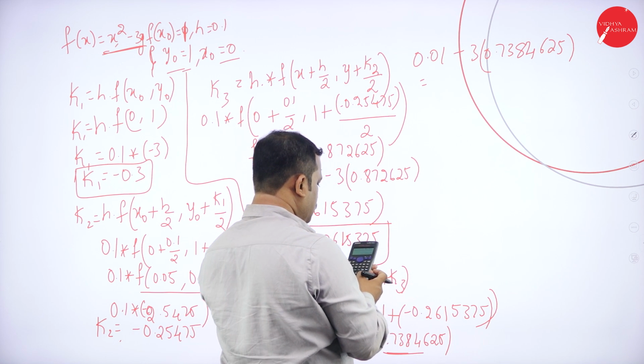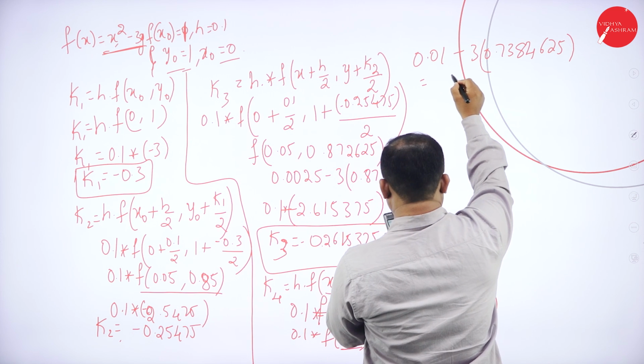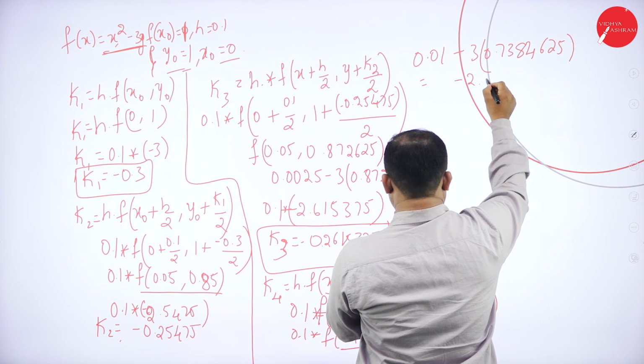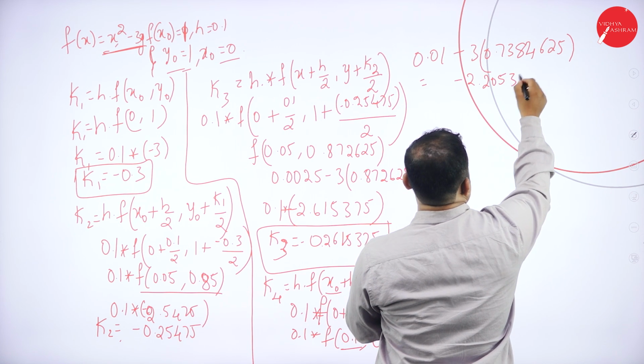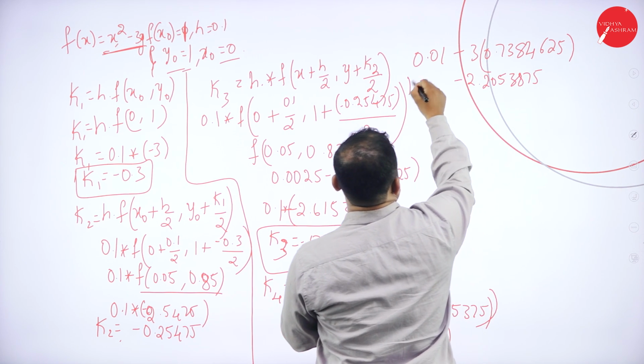What is the value I am getting? I am getting the value which is equal to minus 2.2053875. That is the value of K4.